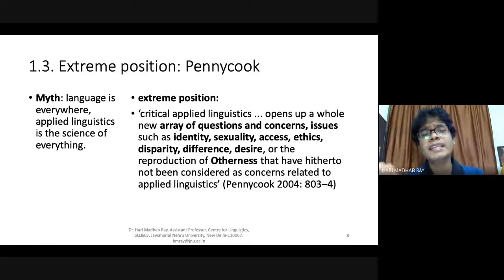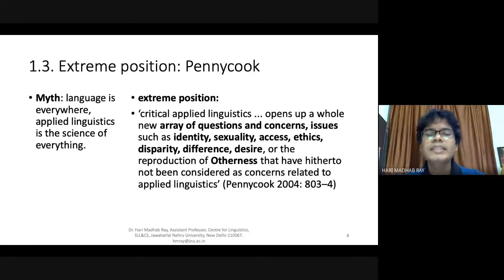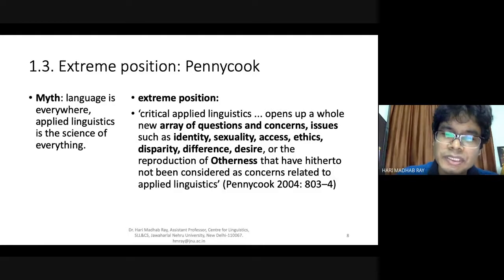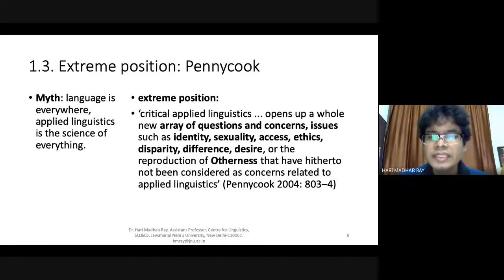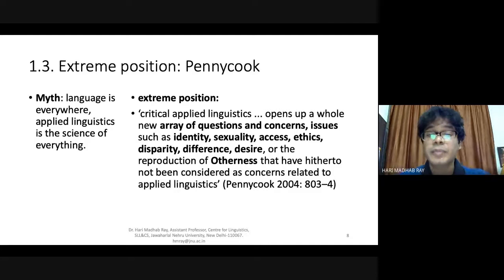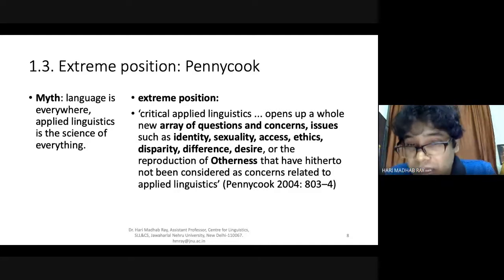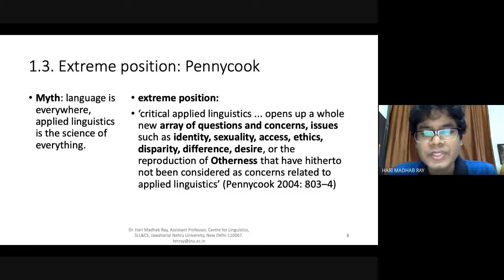So what I'm saying is that taking the extreme position of critical applied linguistics, many things are discussed in applied linguistics as well. These are some of the questions: identity, sexuality, access, ethics, disparity, differences, even politics for that matter. Let's say political speeches of different political leaders, prime ministers, and all.